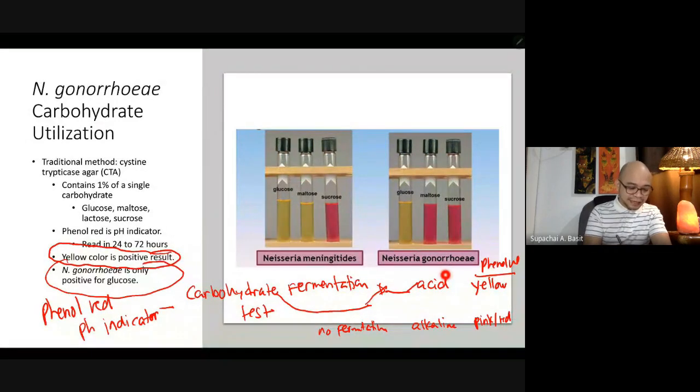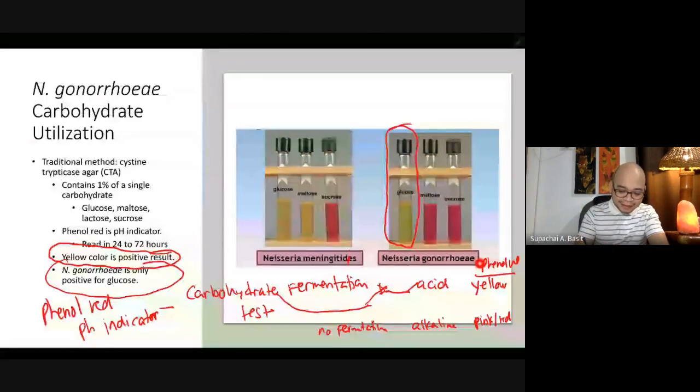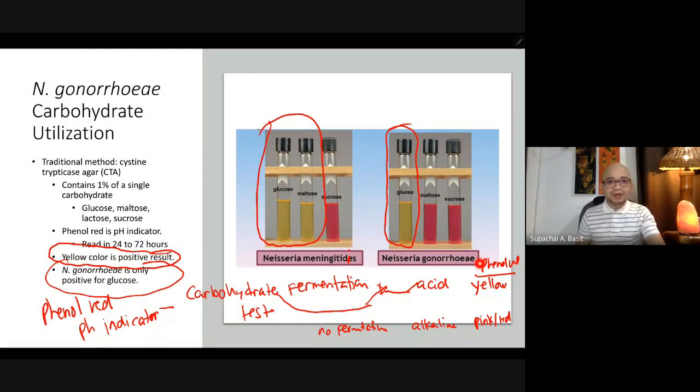Neisseria gonorrhoeae is only positive for glucose. But Neisseria meningitidis is positive for both glucose and maltose. Take note, this is the principle of the carbohydrate fermentation test.